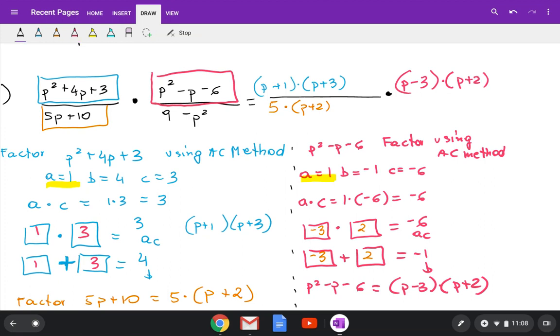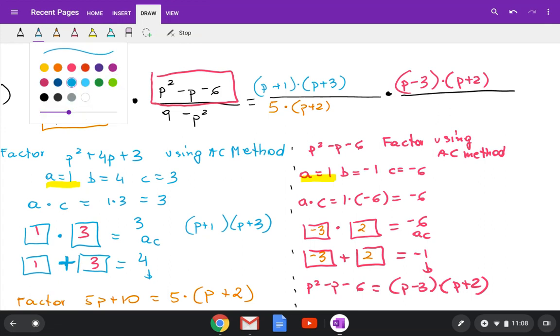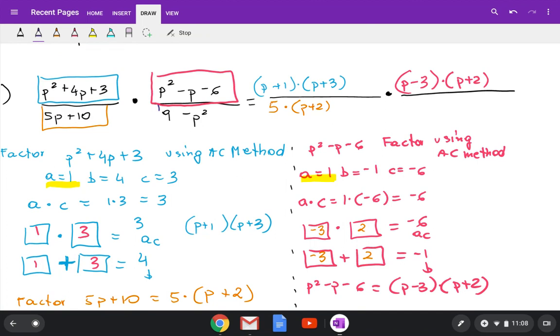Okay, and one more. Last thing we're going to do, we're going to factor 9 minus p squared.